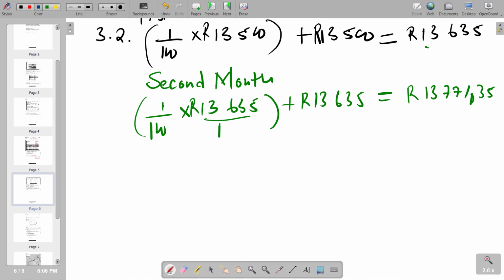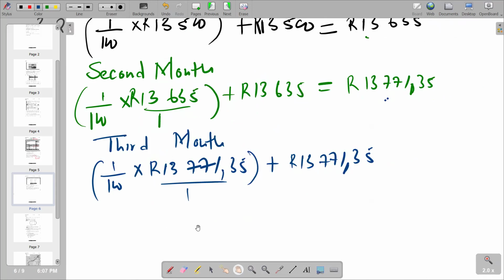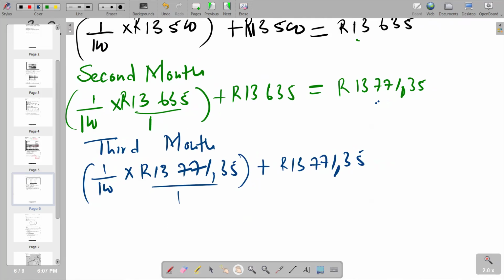So for the third month, again 1 over 100. We are now using the total of the previous month, which is this one. We multiply by 13,771 rands, 35 cents. And then what we get there, we add again to 13,771 rands, 35 cents. So we do that, and we see what we get there to be the total for the last month.